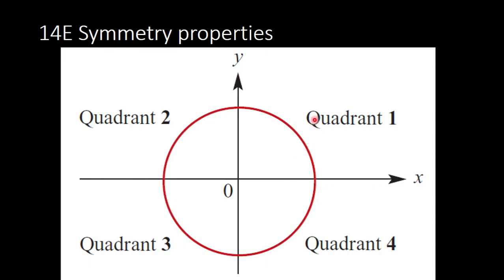Now, depending on what quadrant you are in, we're going to use symmetries that will simplify those ratios sine, cos, and tangent back to the first quadrant, where we're going to look in the next exercise at the exact values for specific angles.